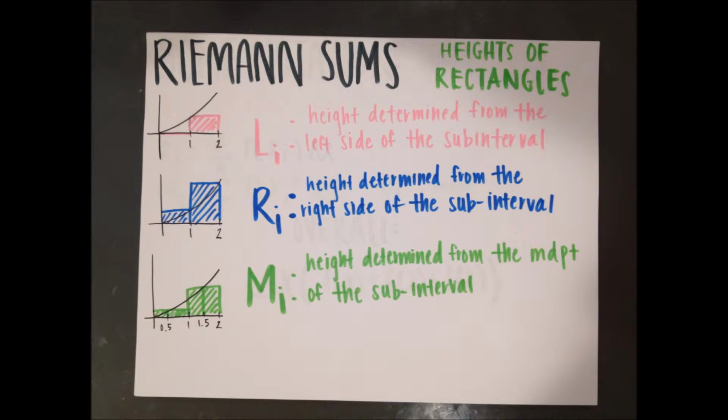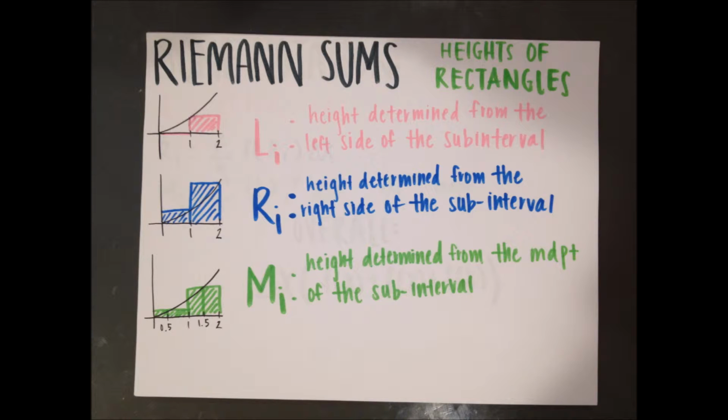We can also use Riemann sums to solve for the areas under a curve. Riemann sums involve using rectangles and their heights to solve for the area. Some notations that are useful are as follows. L sub i is the height determined from the left side of the subinterval.